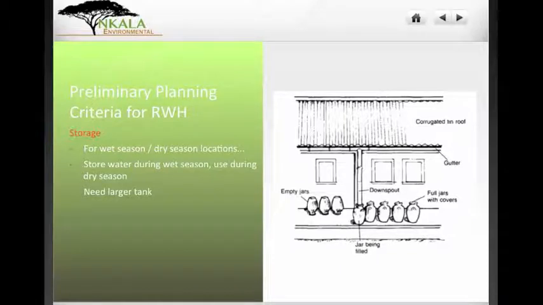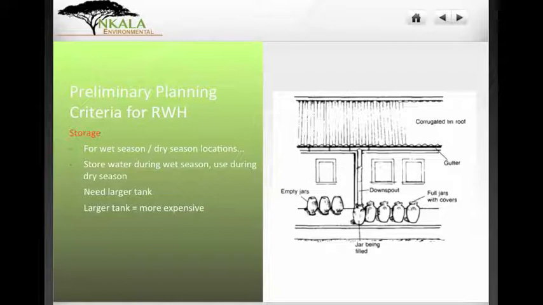You would need a larger tank so that you could store more water during the rainy season and use that extra storage during the dry season. But the issue with that, of course, is that a larger tank is more expensive. In some cases, depending on the various circumstances, this can make rainwater harvesting a bad choice for you, depending on the severity and the duration of your dry season.